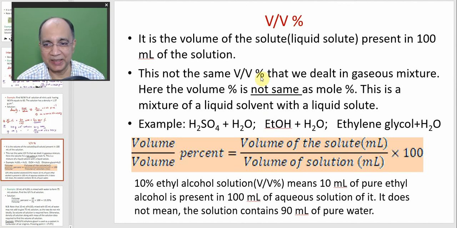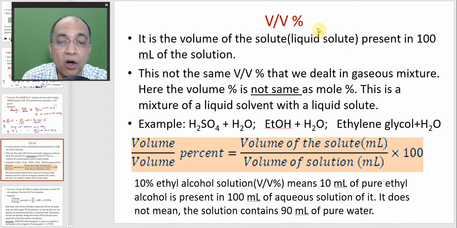Understand? Right. Now the examples are sulfuric acid water, ethanol water, ethylene glycol water. These are liquid mixtures, and for them we have another way of expressing the concentration, V by V. Volume by volume percent is equal to the volume of the liquid solute in milliliters over the volume of the solution in milliliters, into 100. 10% ethyl alcohol solution means 10 ml pure ethyl alcohol is present in 100 ml of its aqueous solution.